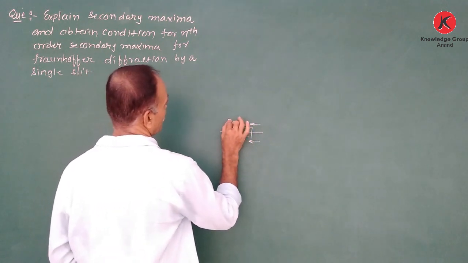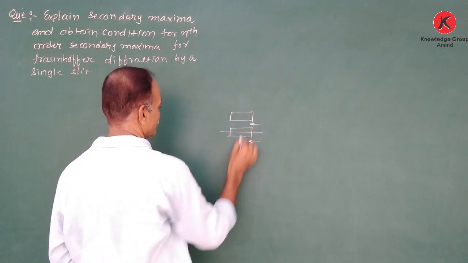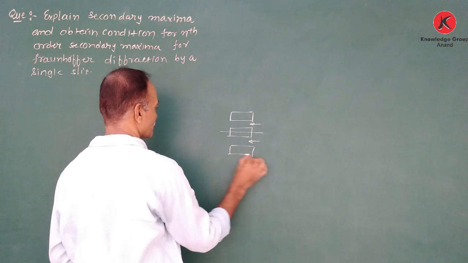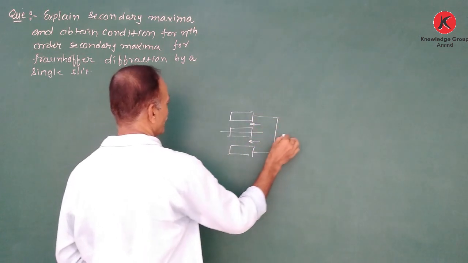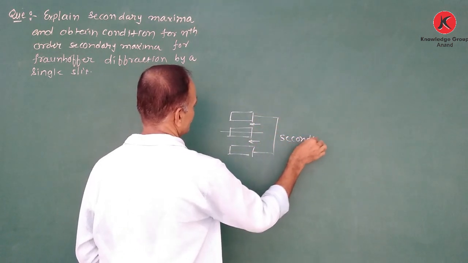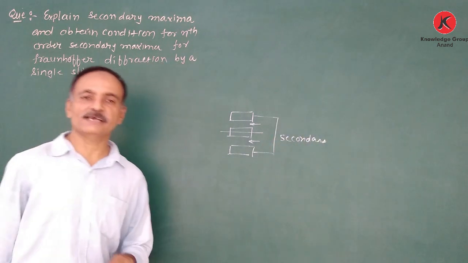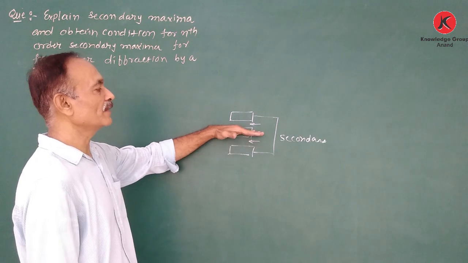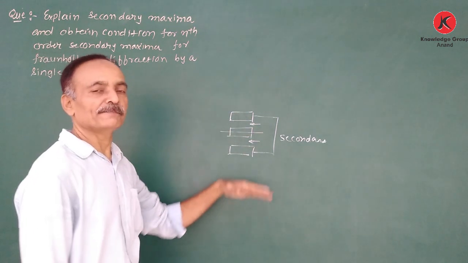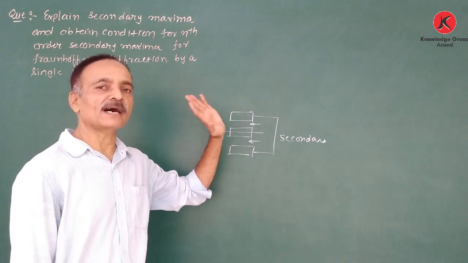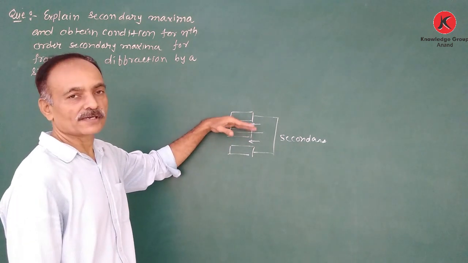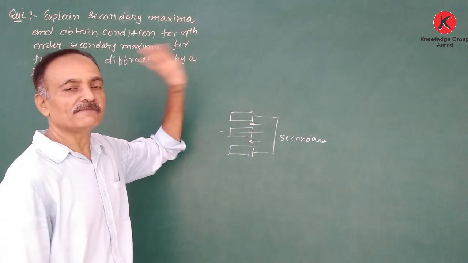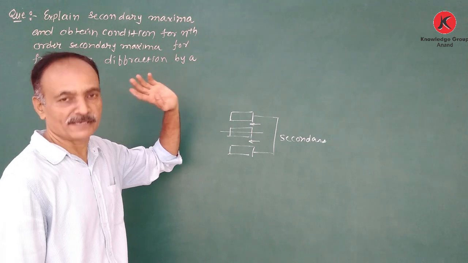After that, the first order maxima are obtained. Actually, these maxima are known as the secondary maxima. So this way, as we go away from the point C on the screen, different maxima and different minima are obtained. We derived the condition for the nth order minima.